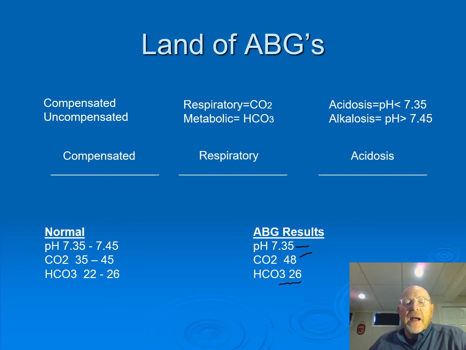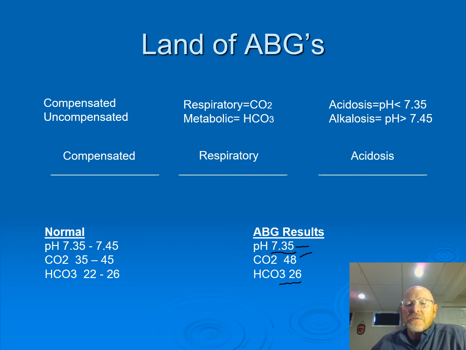What is the body compensating for? Can we determine most likely whether the body compensated to bring the pH back into a normal level from a state of acidosis or alkalosis? Well, when we look at this, it is clear that the pH just snuck back into that normal range of 7.35. What was it previous to that? It was an acidosis.